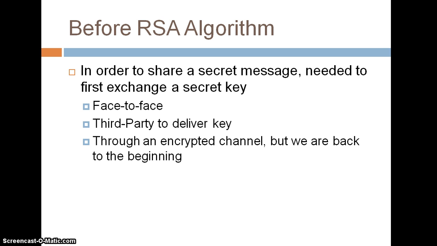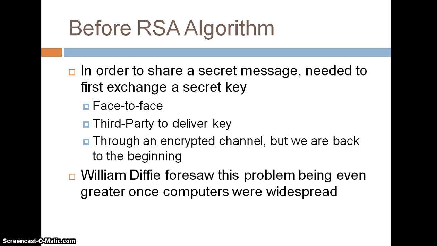This had been a problem for a while throughout the history of cryptography, but especially with computers coming about, William Diffie in the 60s saw this becoming an even greater problem once computers were more widespread.